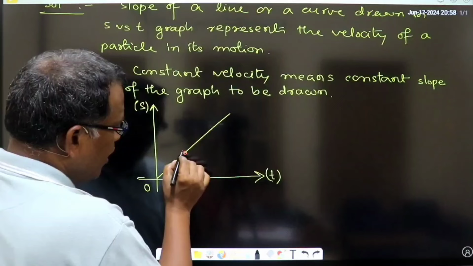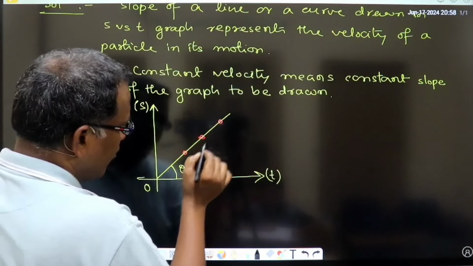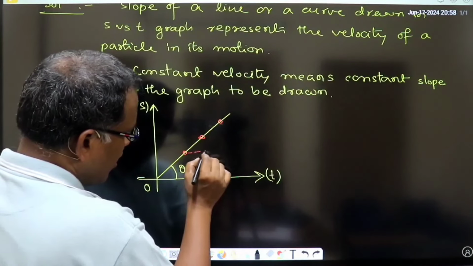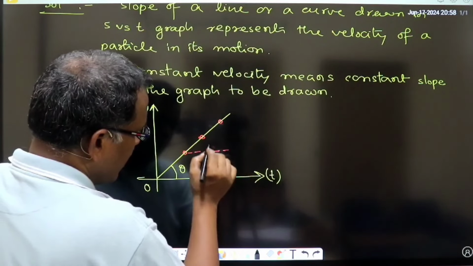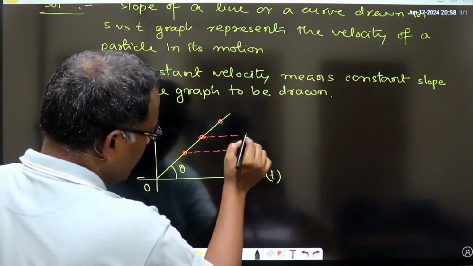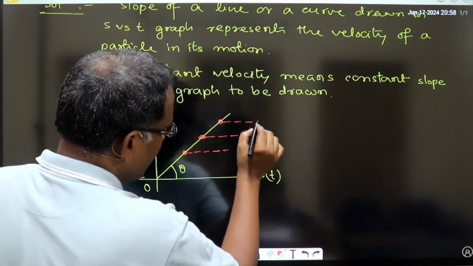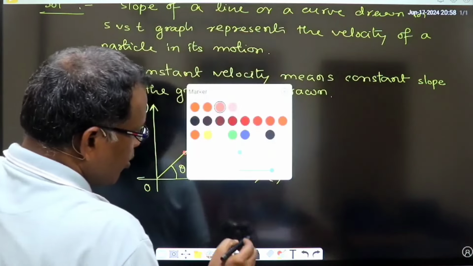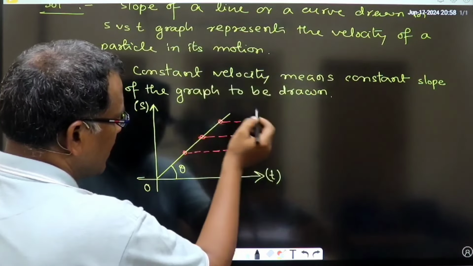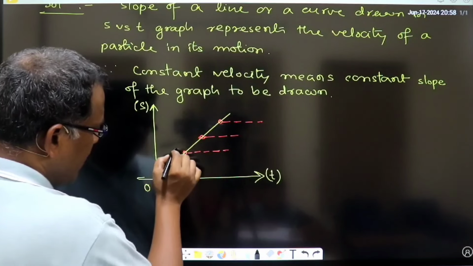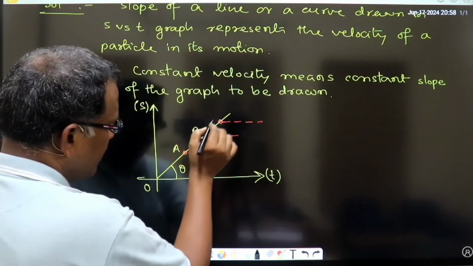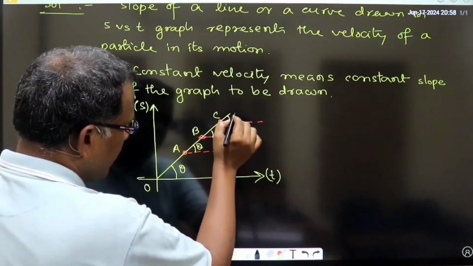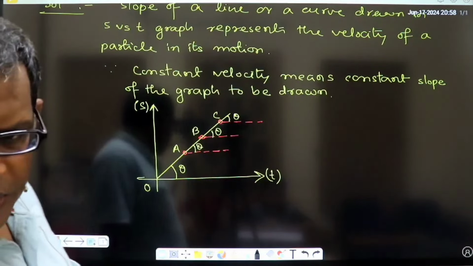If you mark various points on this graph and draw a dotted line parallel to the time axis through these points, and find the angle theta at different points such as A, B, C, you will see that theta is the same at every point on this graph.